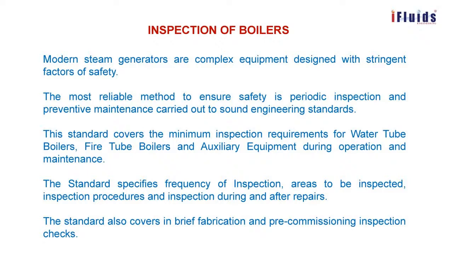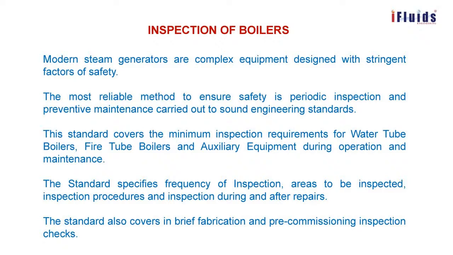Modern steam generators are complex equipment designed with stringent factors of safety. The most reliable method to ensure safety is periodic inspection and preventive maintenance carried out to sound engineering standards. This standard covers the minimum inspection requirement for water tube boilers, fire tube boilers, and auxiliary equipment operation and maintenance.